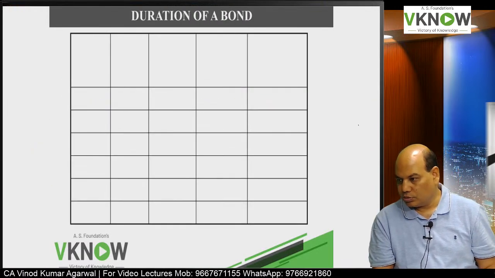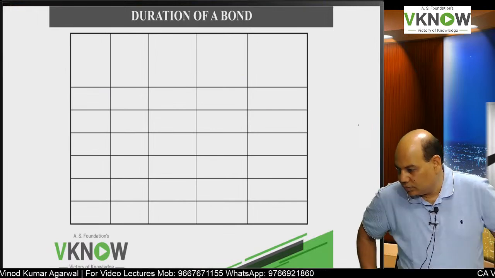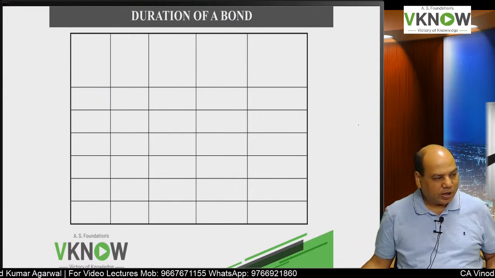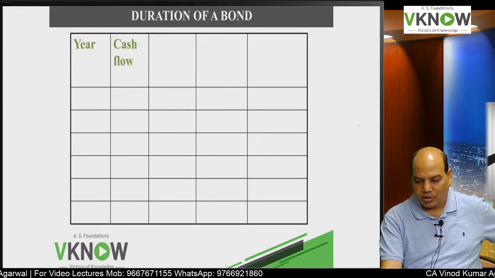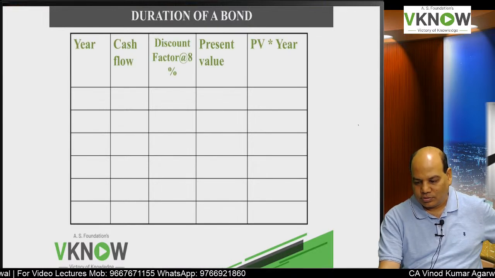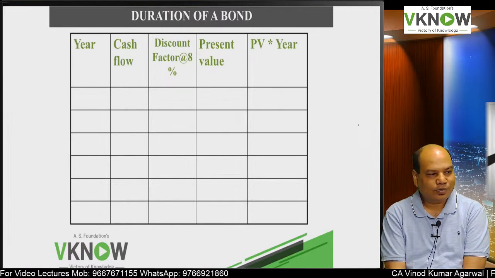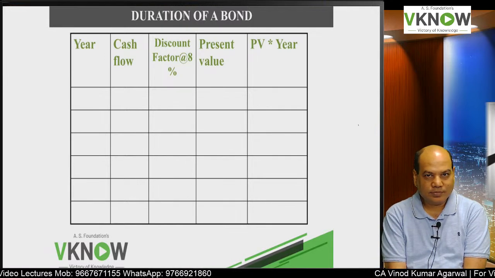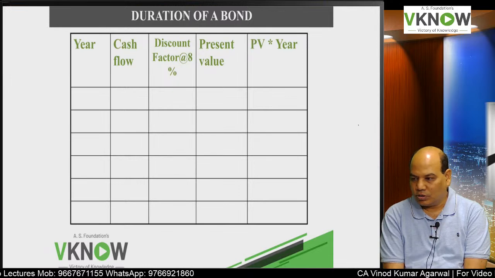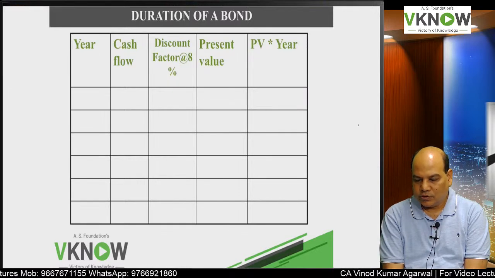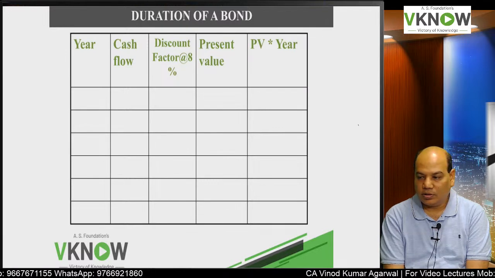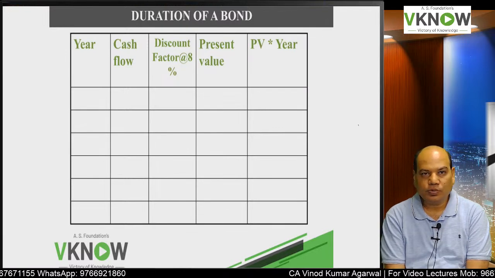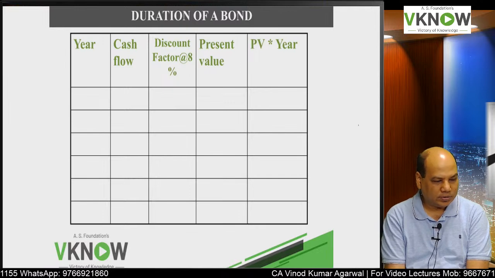Question number 42, please write down and keep calculator ready because next 1 hour will be heavy load, calculation oriented question. So duration of the bond is the weighted average life of the bond, where the present value of cash flow is used as weights.